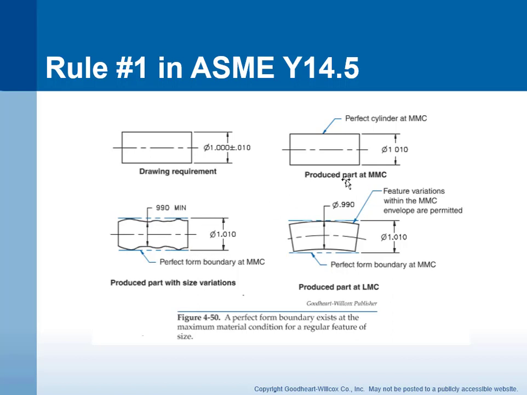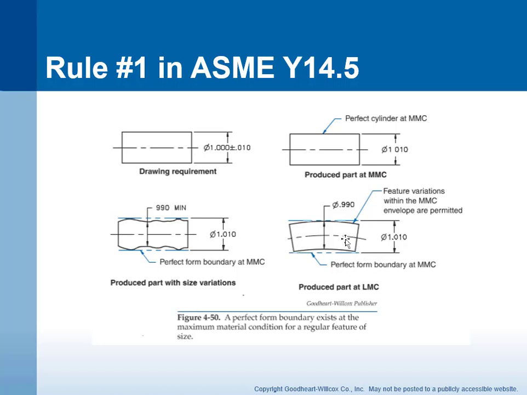Now let's say we start making the part smaller. In this particular case, we have the part made at the minimum size tolerance. When it's at its minimum size tolerance, it could fit within this perfect form boundary and still allow for a little bit of bowing in the part.